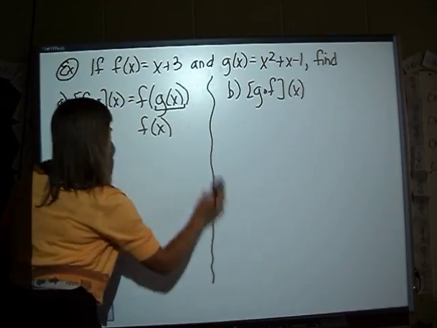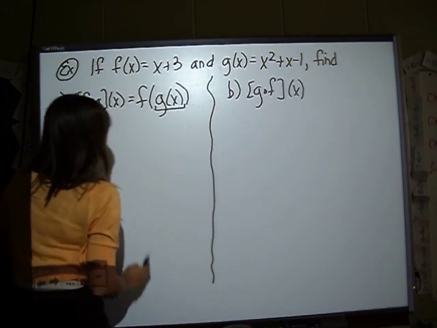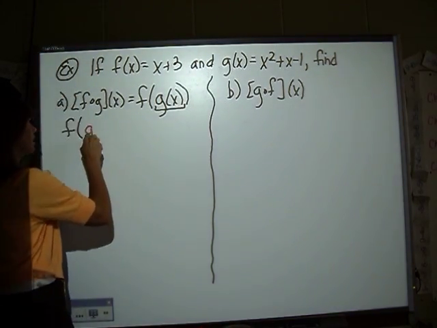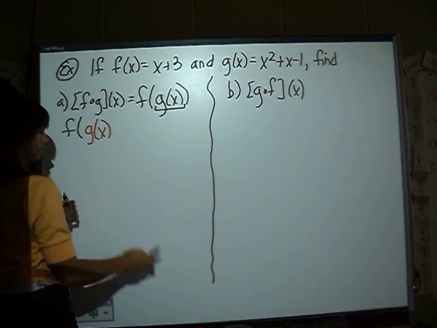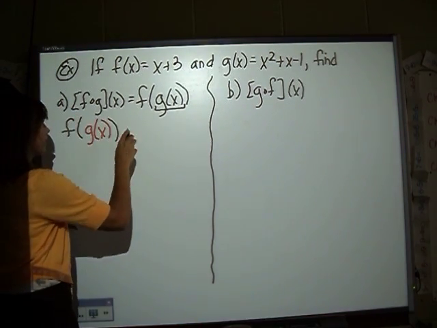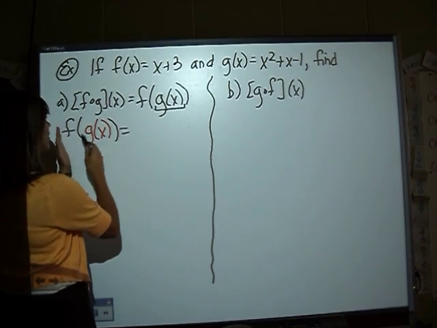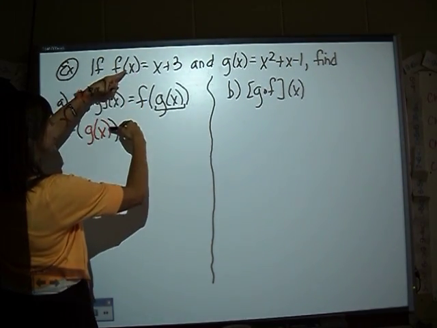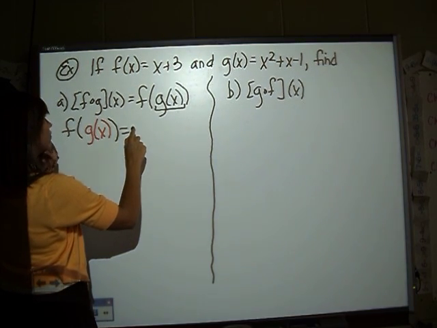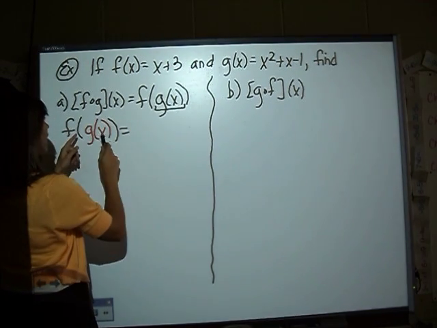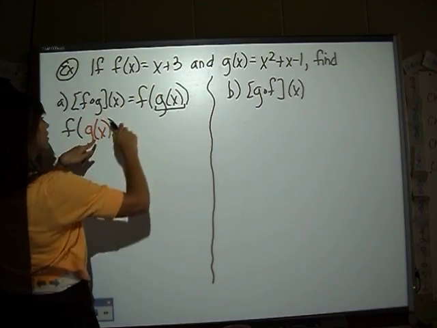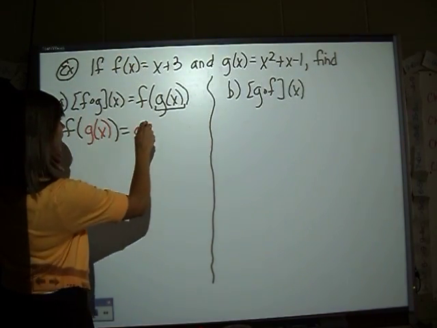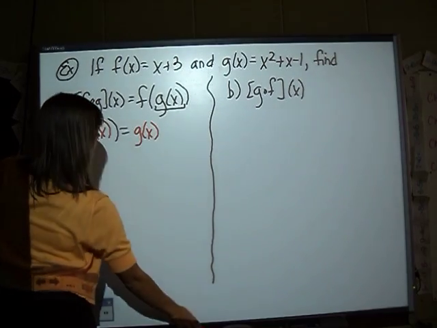Okay, so if I'm looking for f of g of x, that means that my base function is f, and I have replaced the x with a g of x. So wherever I have an x, I'm going to put a g of x. So here in f of x, I have an x, so I'm going to have g of x plus 3.